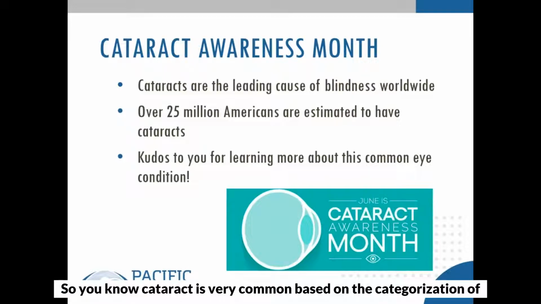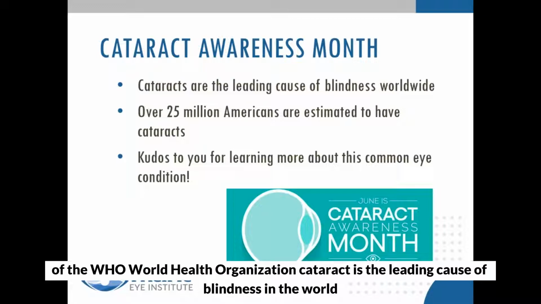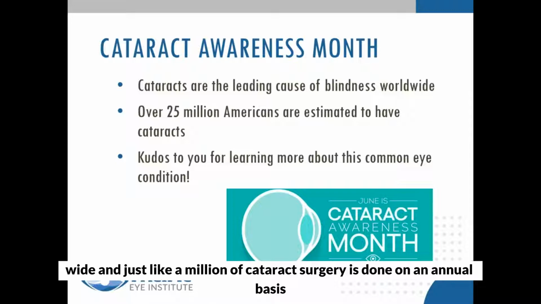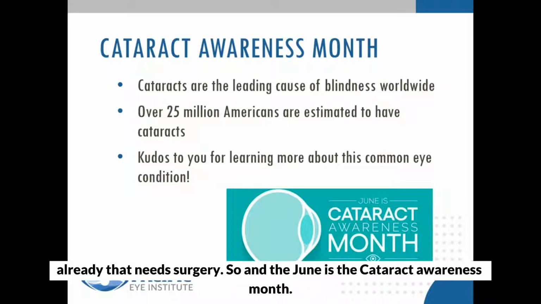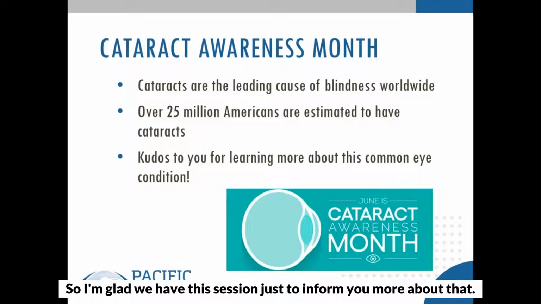Based on the categorization of the WHO, the World Health Organization, cataract is the leading cause of blindness worldwide. About a million cataract surgeries are done annually in the United States, and over 25 million Americans are estimated to have cataracts already. June is Cataract Awareness Month, so I'm glad we have this session to inform you more about that.